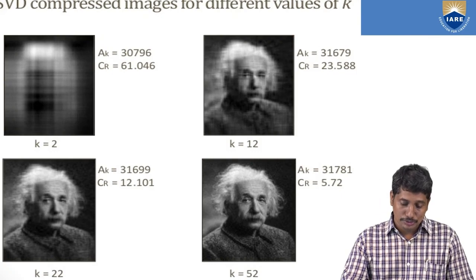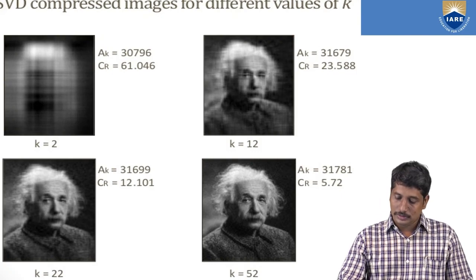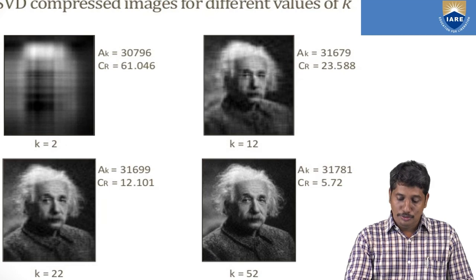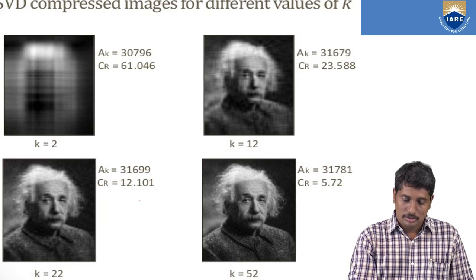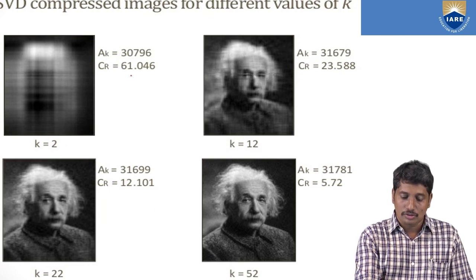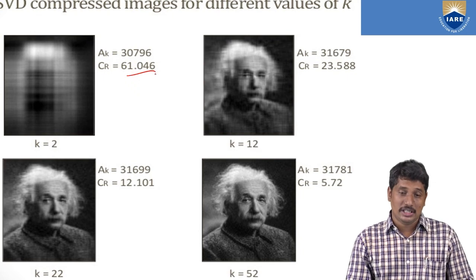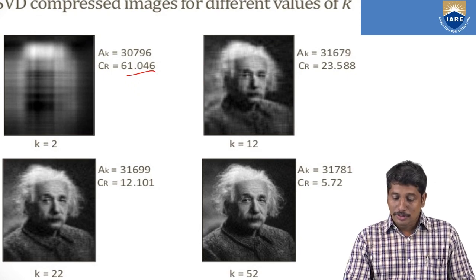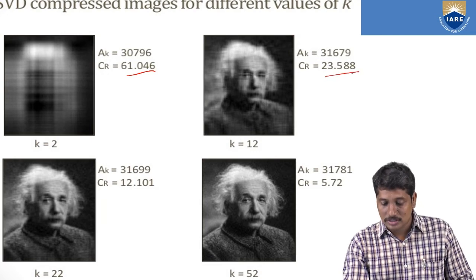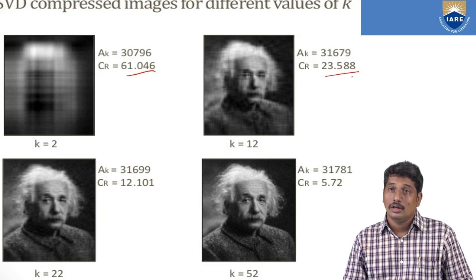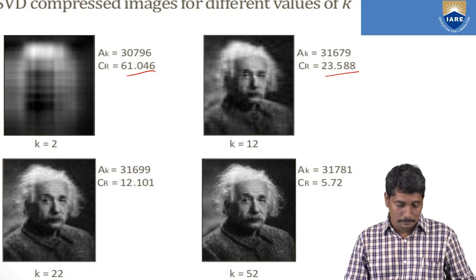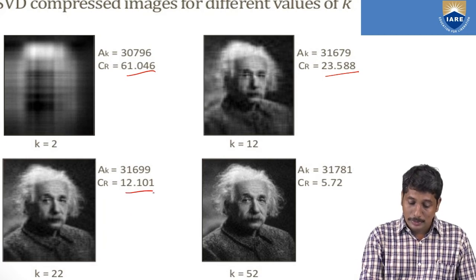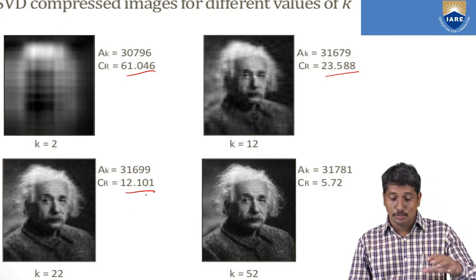See here, when you go for further reduction, when you reduce 61% of the data, the photo is very blurred. But when you reduce 23% of the data, the photo is a little more clear. When you reduce only 12% of the data, the photo is brighter.